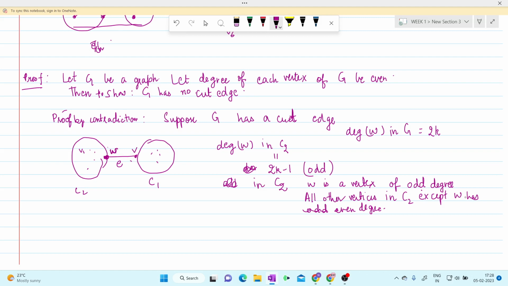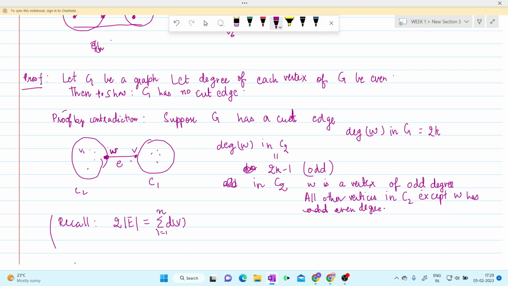No. Why? Yes, you are right. So recall, we have the result that 2 times the number of edges is the same as the sum of degrees of all vertices, right?